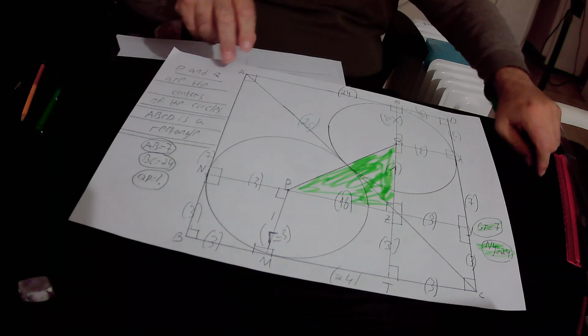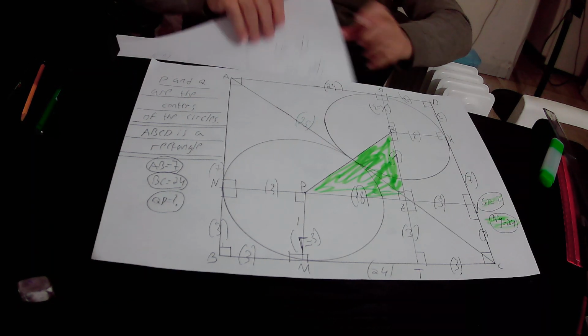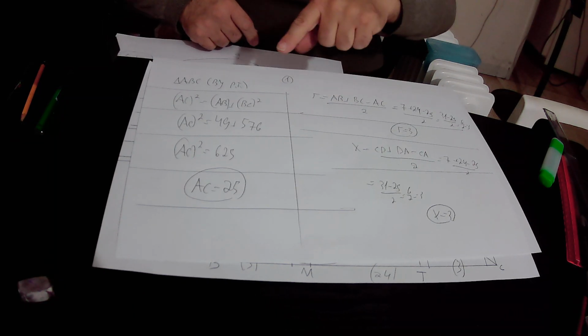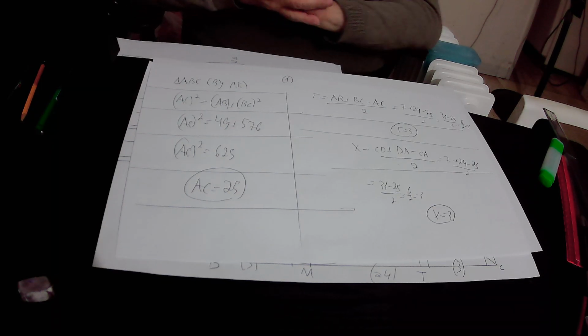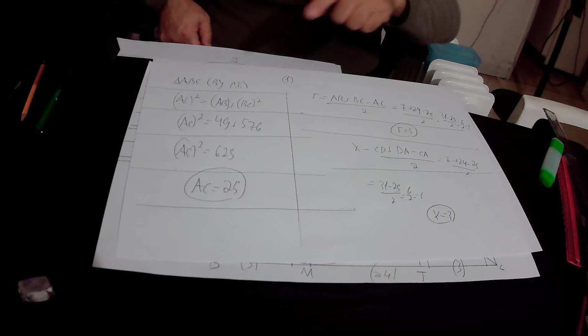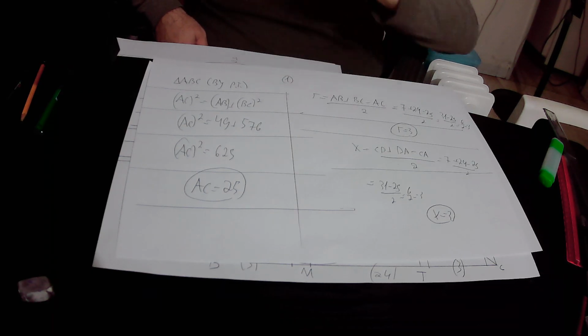In the next step, we implemented the Pythagoras theorem on the right triangle ABC. According to the Pythagoras theorem in the right triangle ABC, AC square equals AB square plus BC square. So AC square, that is the square of the hypotenuse, equals AB square. AB is 7, therefore AB square is 7 square, that is 49, plus BC square. BC is 24, therefore BC square is 24 square, that is 576.